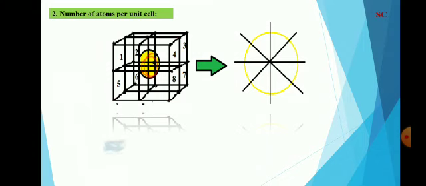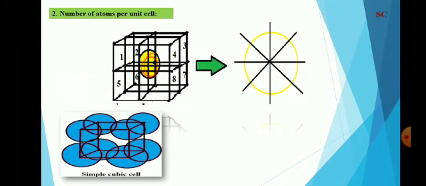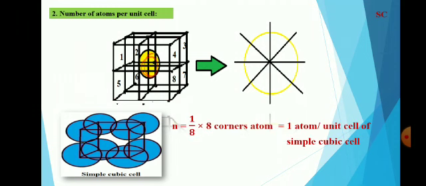Therefore, in a simple cube, how many corner atoms are present? 8 corner atoms. And now we calculate the number of atoms per unit cell. N is equal to 1 by 8. How? The 1 by 8 part of an atom shared by 8 unit cells, into how many corner atoms? 8 corner atoms.